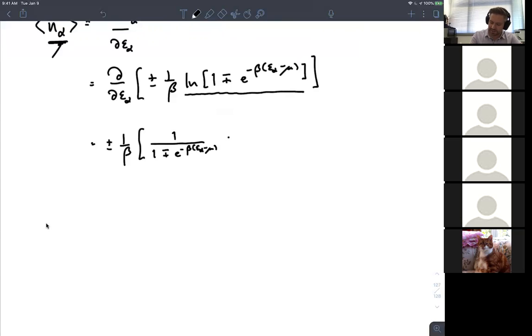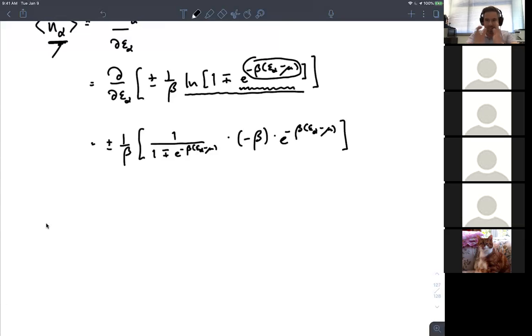Times the derivative of your exponent, which gives minus beta, and the derivative of an exponential just spits the exponential back out at you, so you get this thing again.